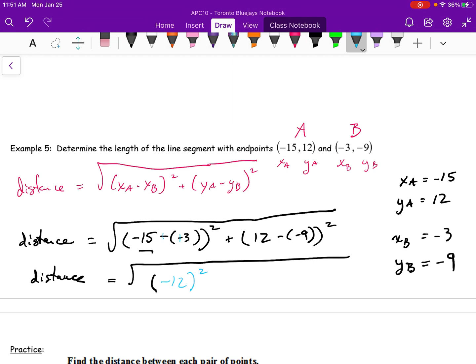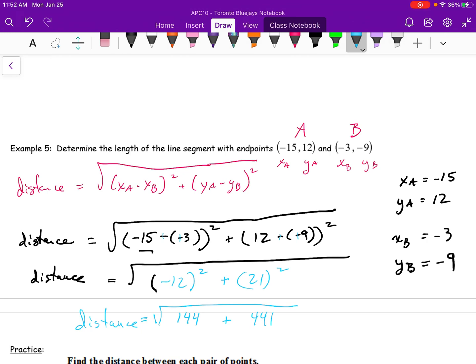So what I get is -12 plus 12 minus -9, so subtracting a negative, this is 21. That's pretty big. The distance is going to be fairly far here. So the distance is equal to the square root of (-12) squared, which is positive 144, plus 21 squared, I believe that is 441. Now let me just check.